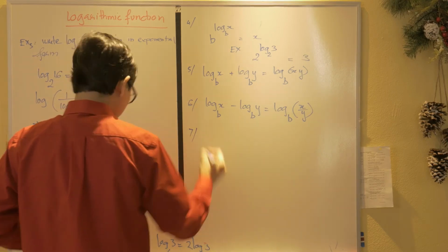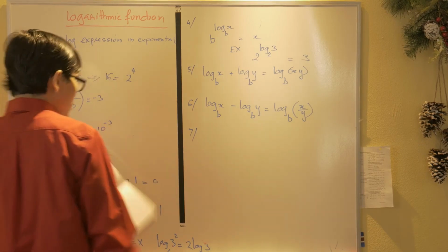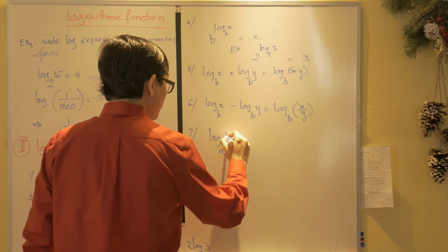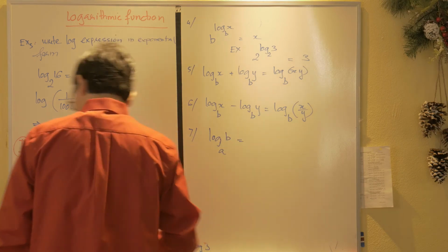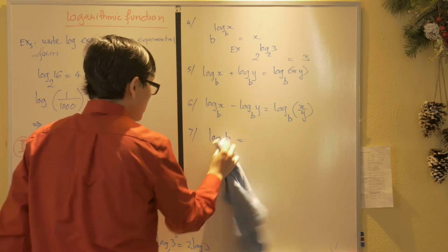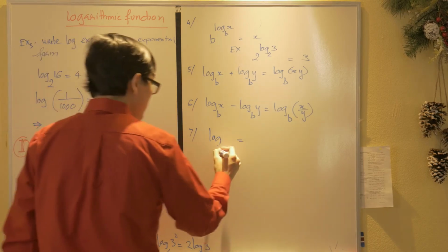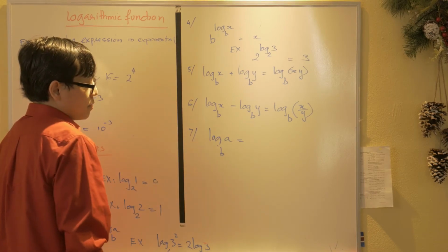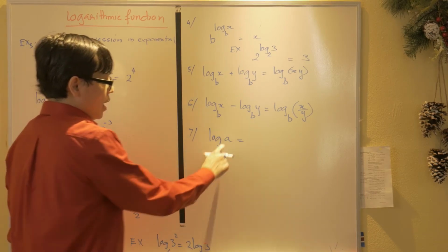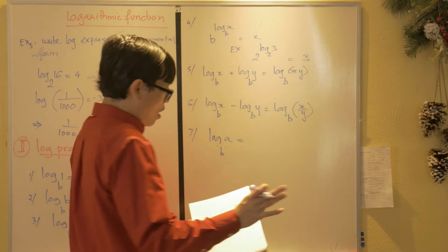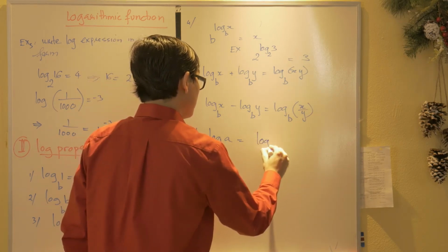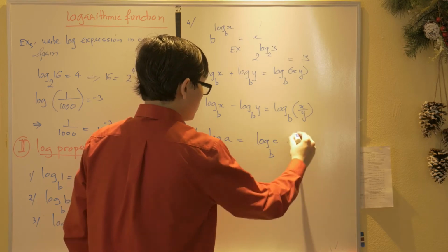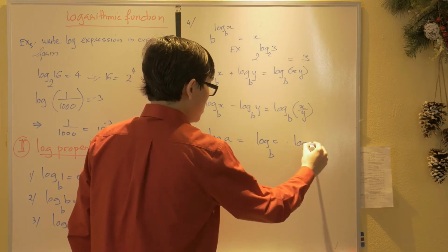Number 7. Log base a of b. Log base b of a, where a is the argument and b is the base, I can split it up into two logs. It gives you log base b of c times log base c of a.